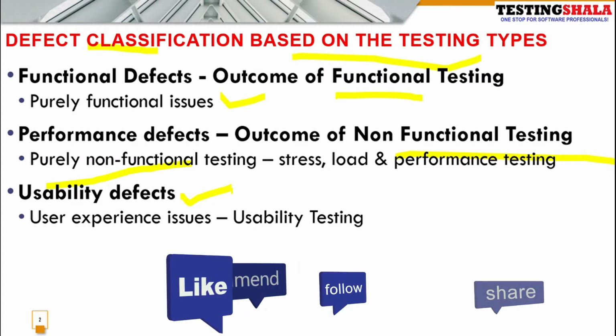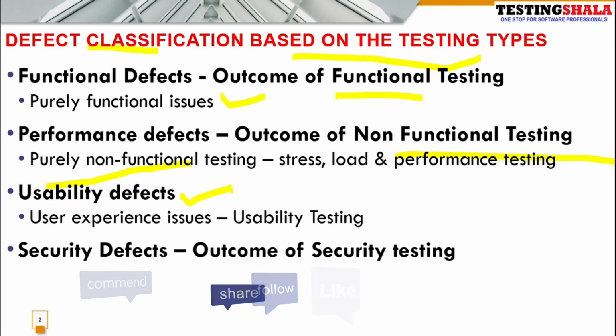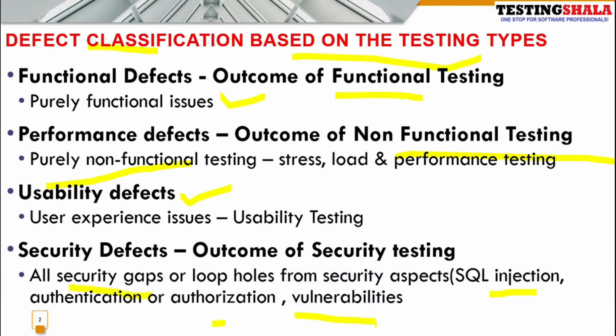Then we have security defects, which are also the outcome of security test execution. These are some of the defect classifications we normally do under types of testing. This is one type of defect classification.